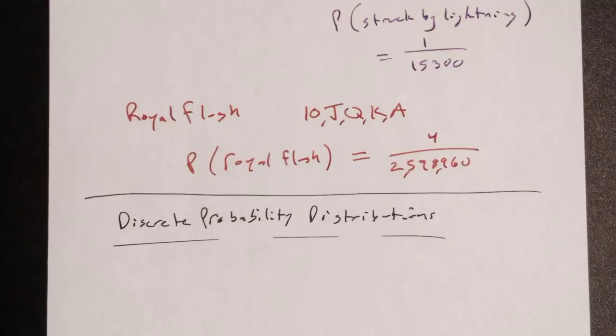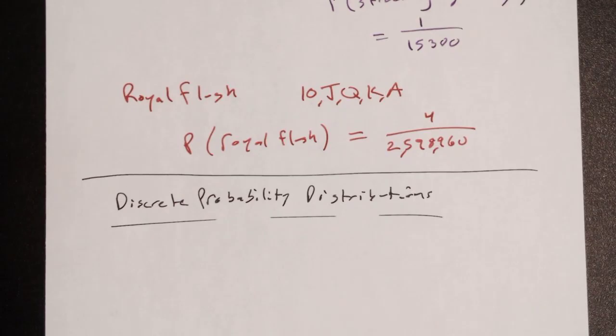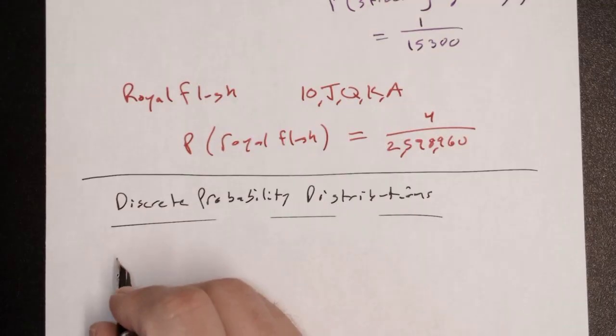A probability distribution represents the result of doing an experiment multiple times. We're going to call that a random variable.